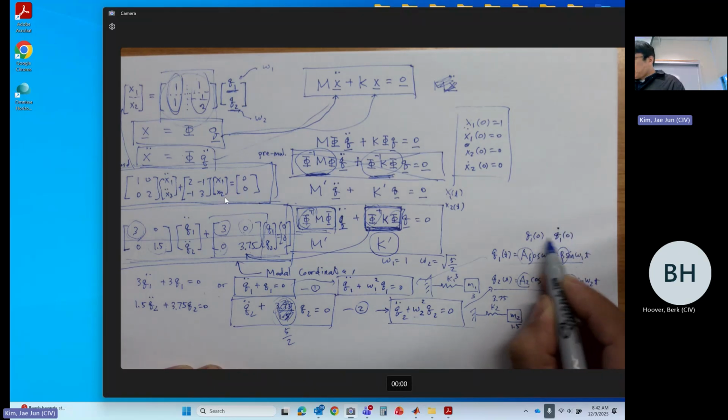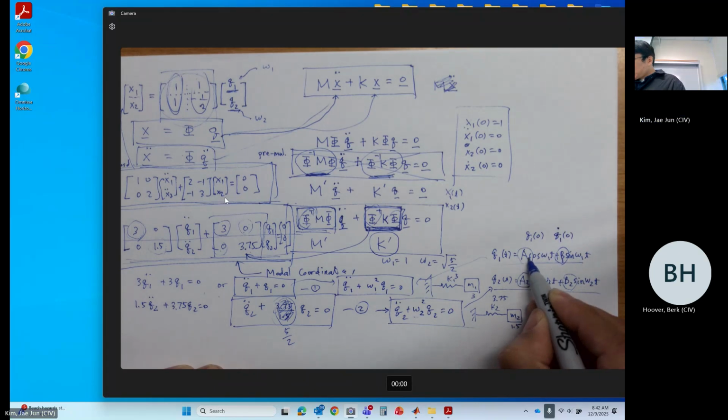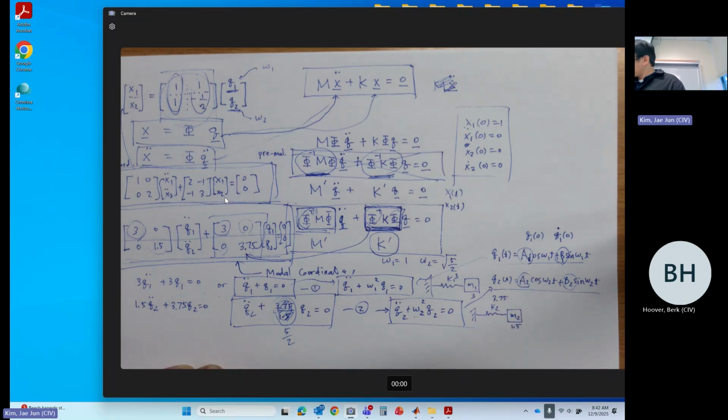If we have these two, we can compute a1 and b1. How about a2 and b2? If you have q2 at time 0 and q2 dot at 0, then we can compute a2, b2.